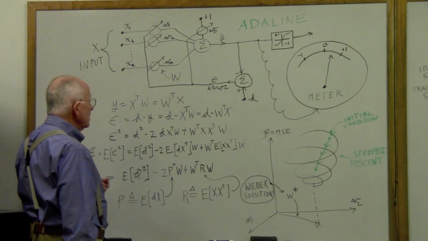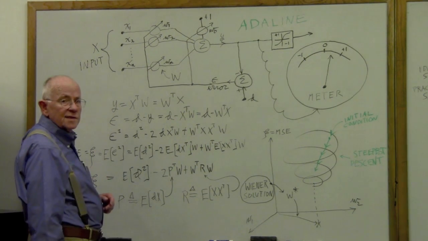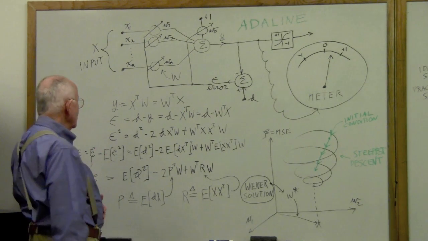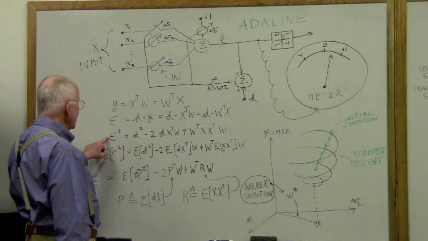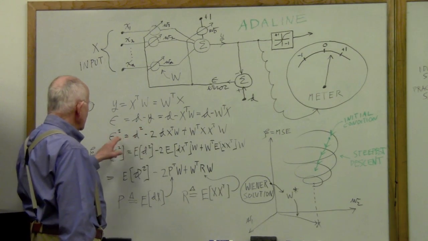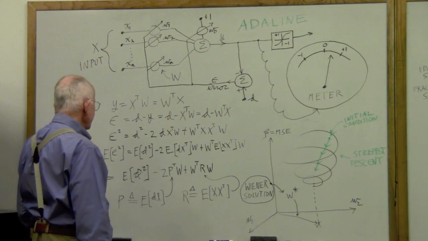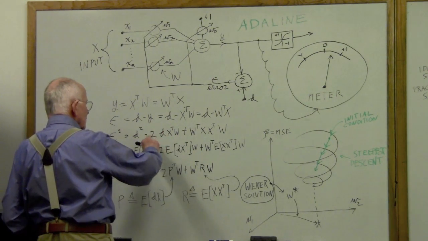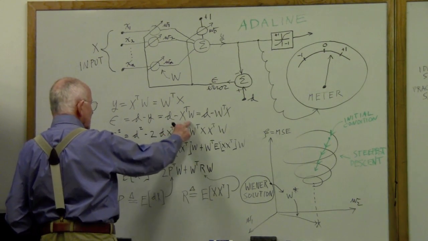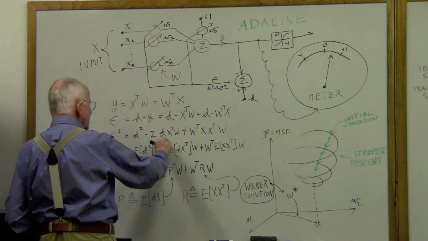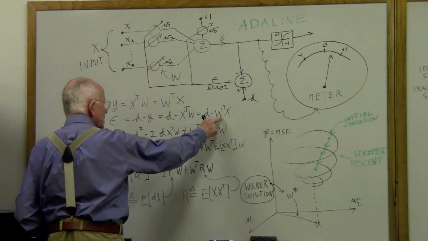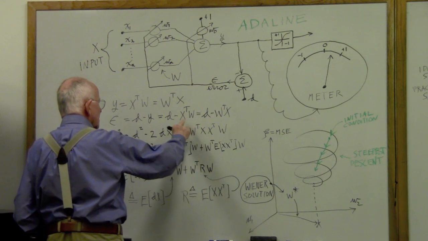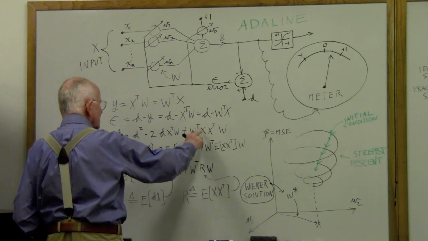Now, we're interested in minimizing the mean square of the error over the set of training patterns. So to find out about mean square error, we take the error and we square it. So we have a binomial, so we get the square of a binomial. So the square of the error is the square of d, minus twice the product, minus 2d x transpose W, plus the square of this term.